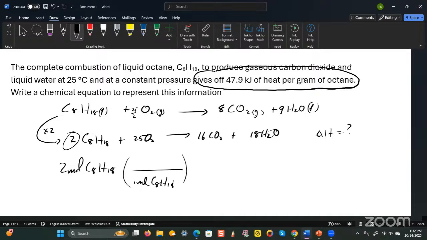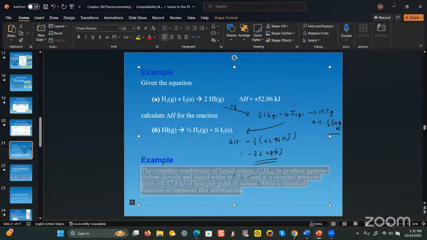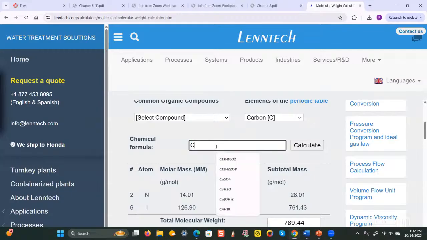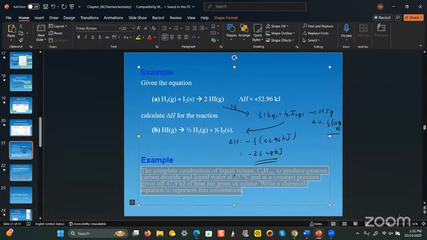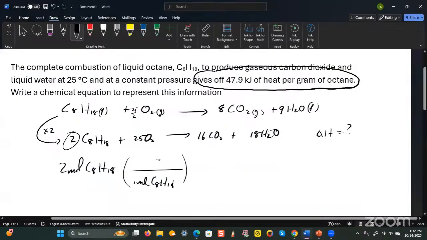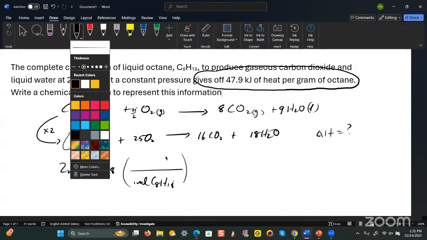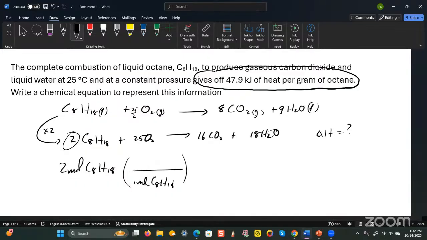With my trusty molar mass calculator, C8H18 is 114.23 grams of C8H18. So the moles will cancel out here and here.